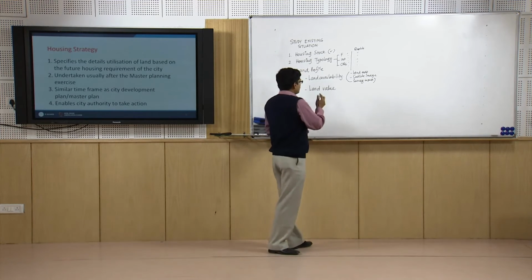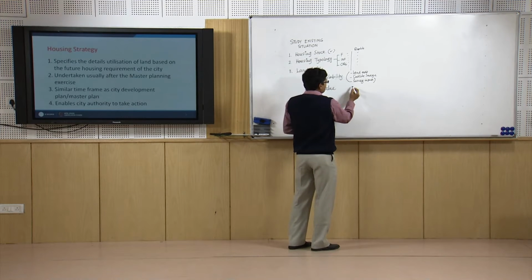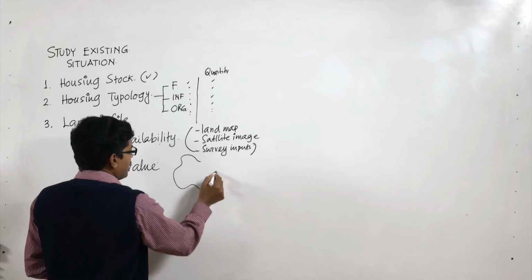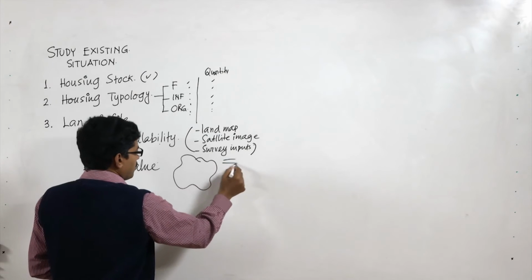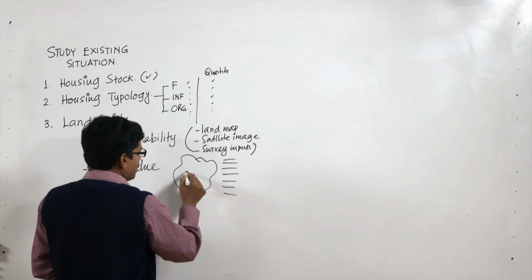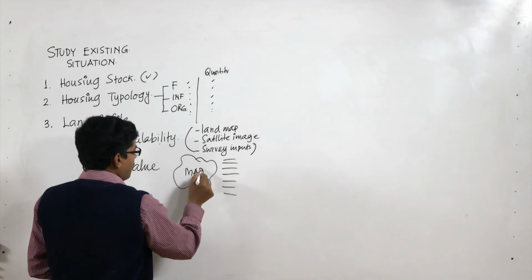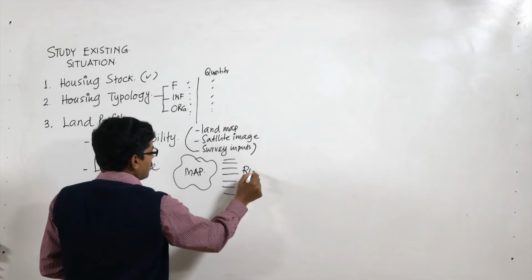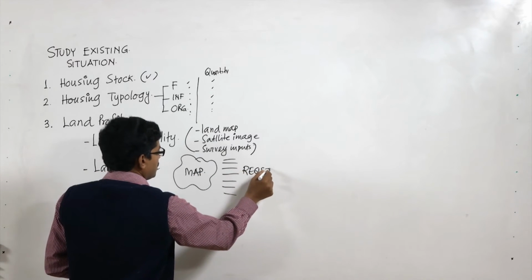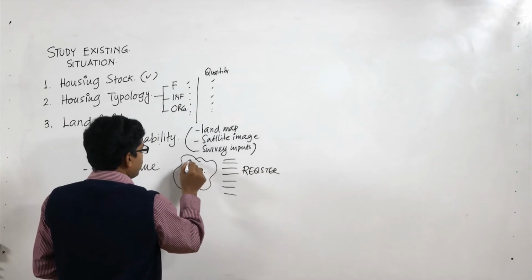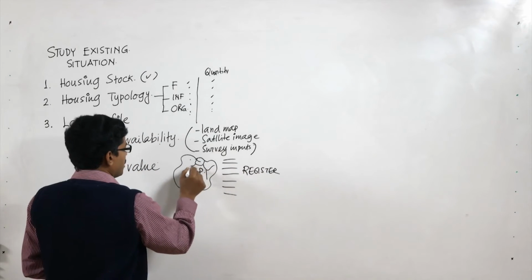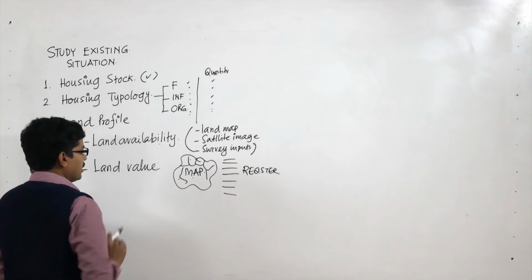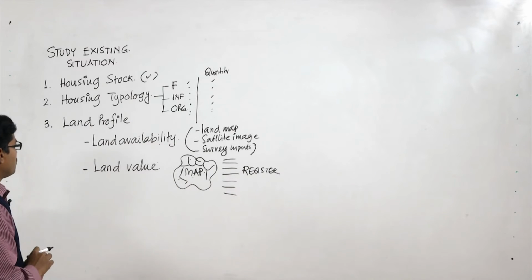So, land value and land availability will be prepared in a spatial map and with a register. So, both are required, one is the map, another is the register. In the map you have to provide zone-wise land value data.